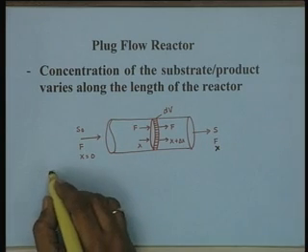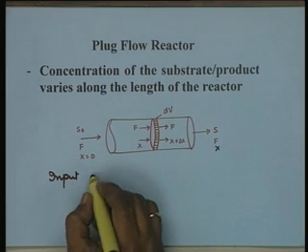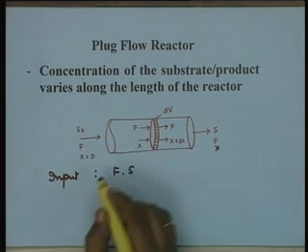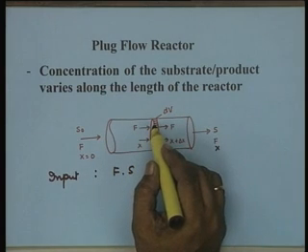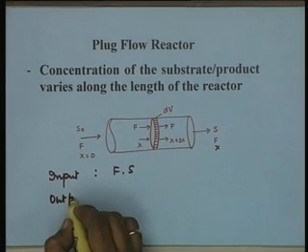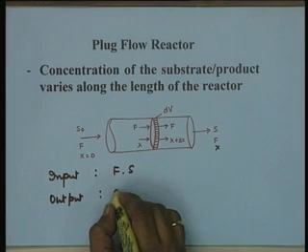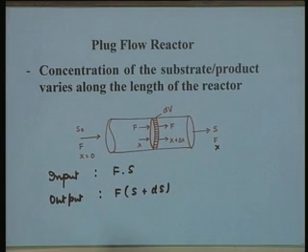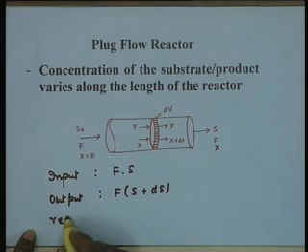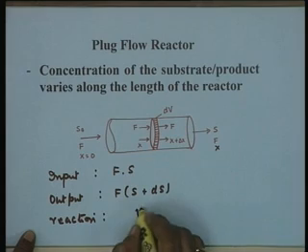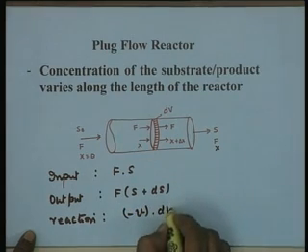Now, the input to the system is F into S, and this input I am writing at the entry of the differential element, and the output is equal to F into S plus dS, and the contribution of the reaction to the disappearance of the substrate is minus v into dV.